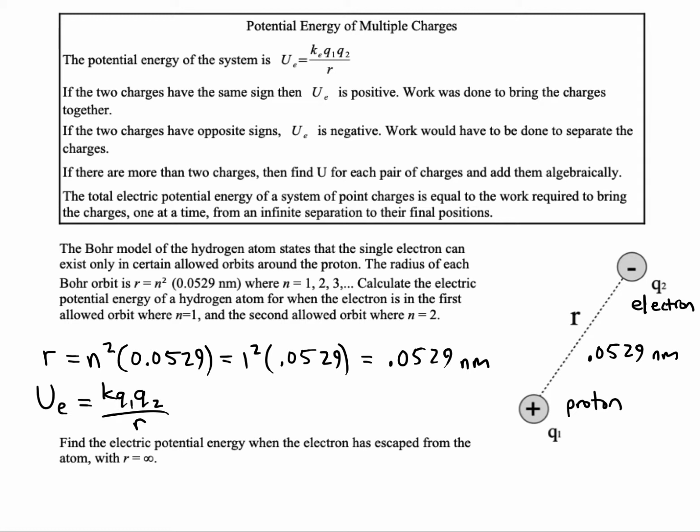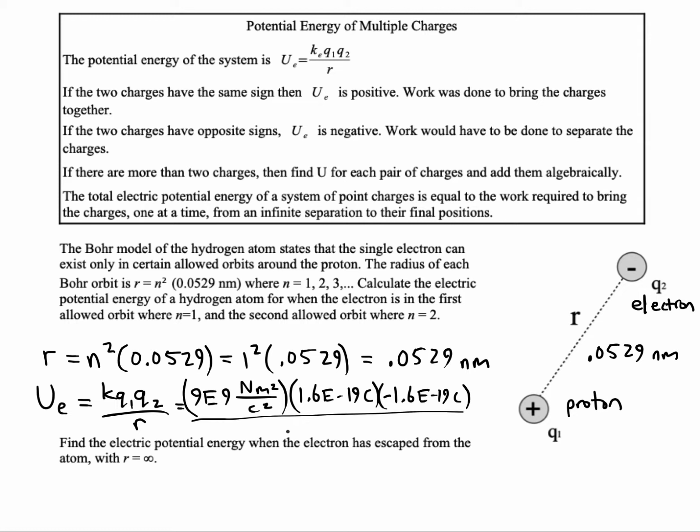kQ1Q2 over r. So we'll want 9e9, the charge on a proton, the charge on the electron, and then we'll divide by our allowed orbit radius.